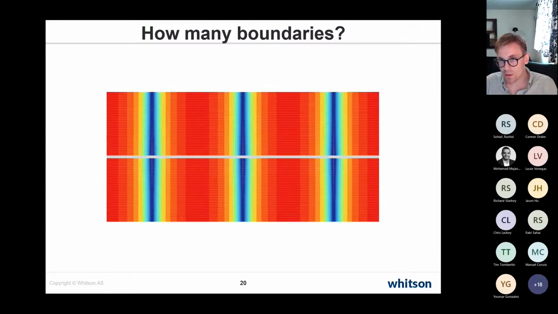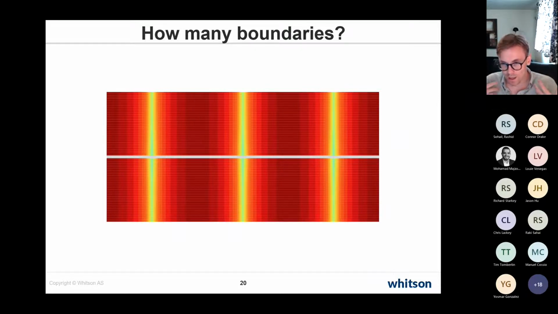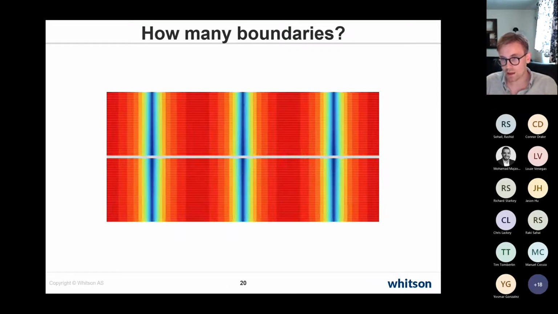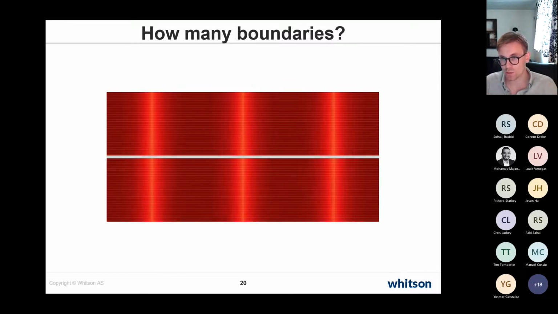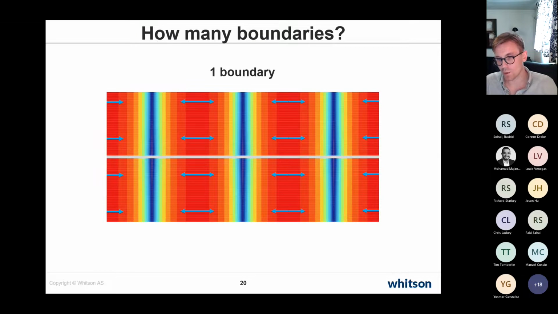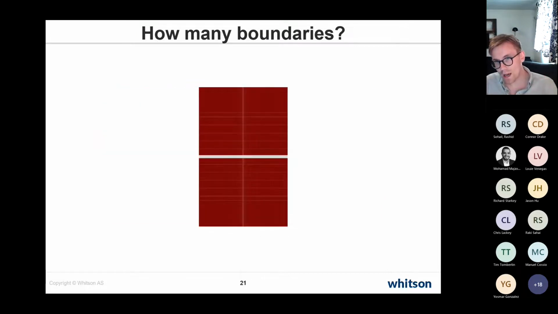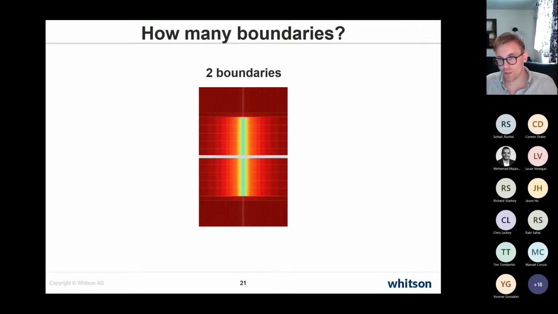And that same principle applies even if you assume that you have a whole wellbore with these fractures. If they're all the same distance to the closest boundary, the so-called symmetry element model, it's actually still only one boundary that's relevant because they hit the boundary at one point in time, so it's still a one-dimensional model.